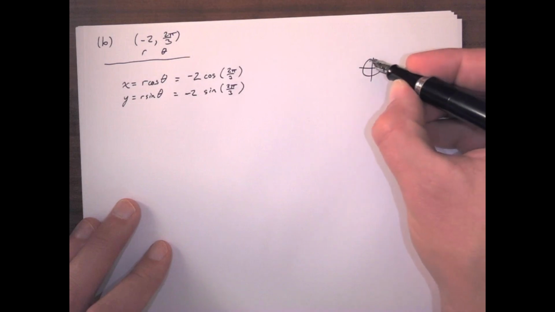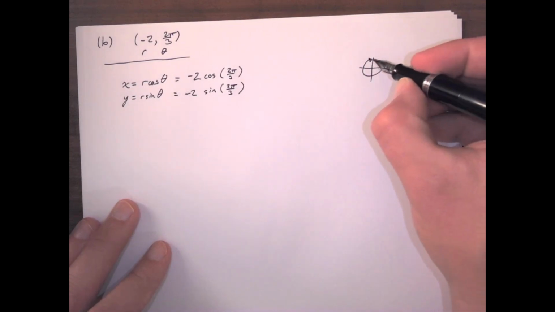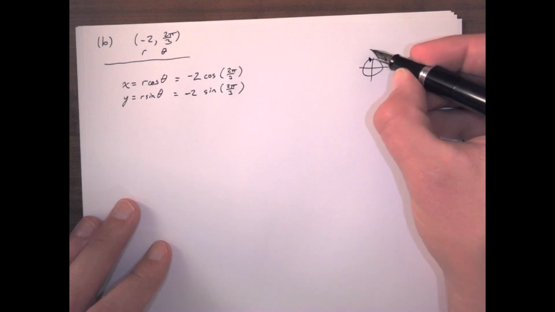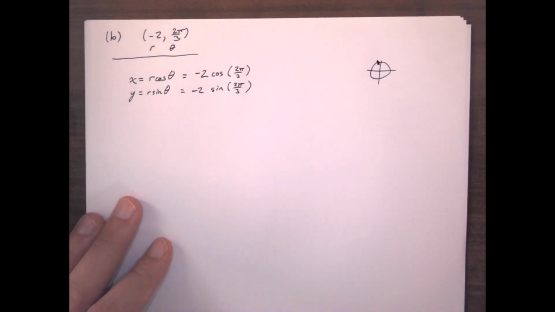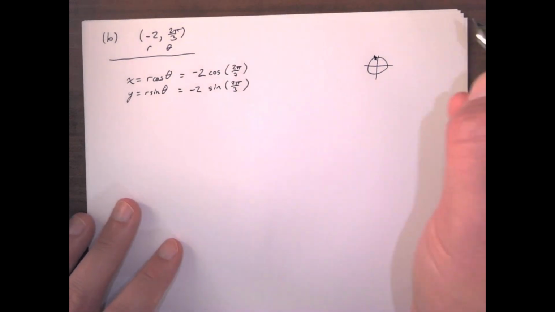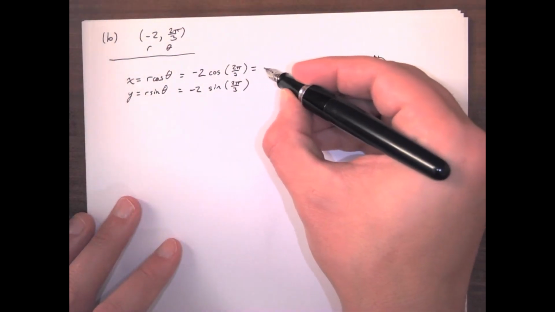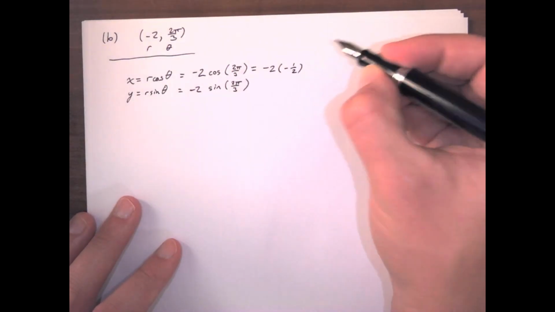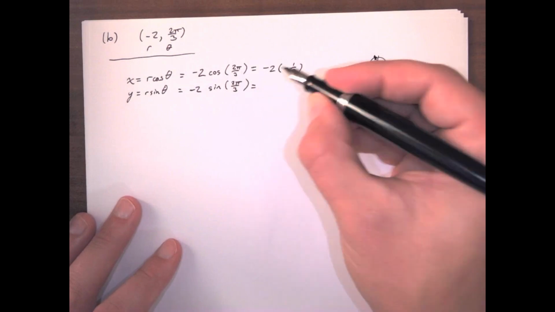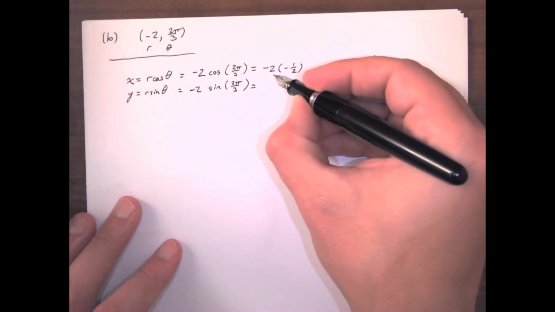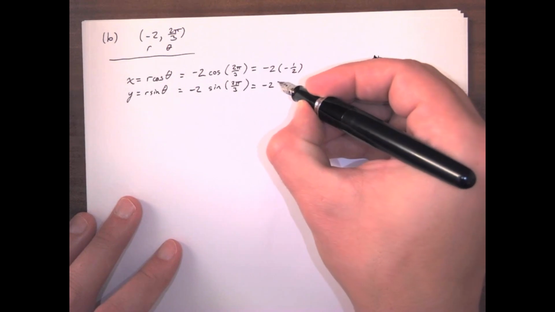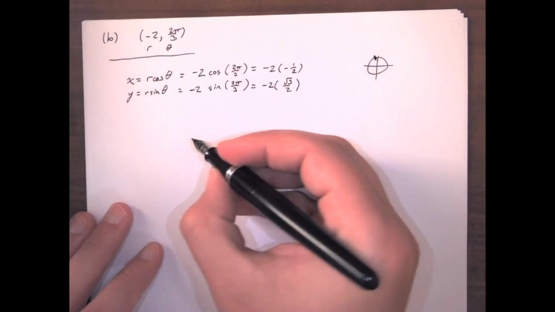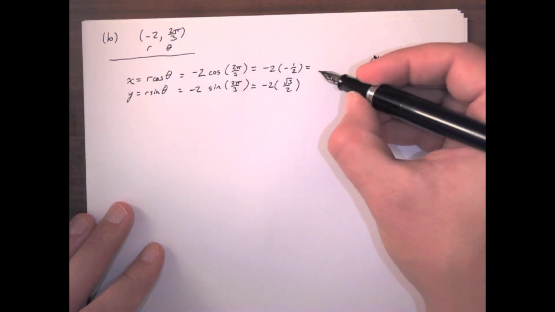Pi over 3 is 60, so this would be 120, which puts us just a little bit past 90. So this is going to have the smaller negative x value and the larger positive y value. It's going to be negative 2 times negative 1/2 for the x, and negative 2 times positive root 3 over 2 for the y.